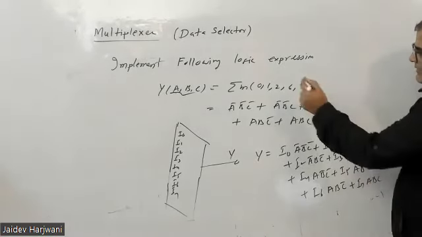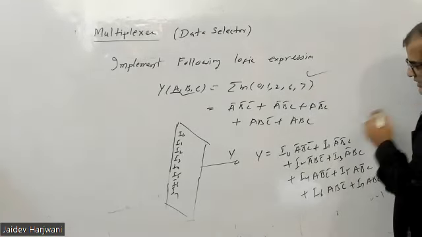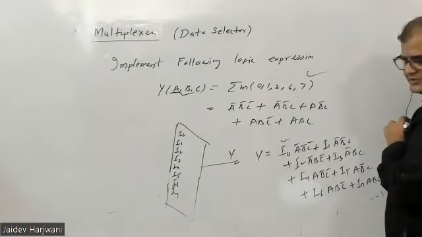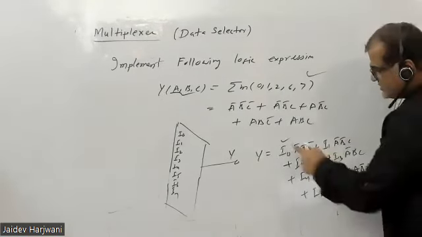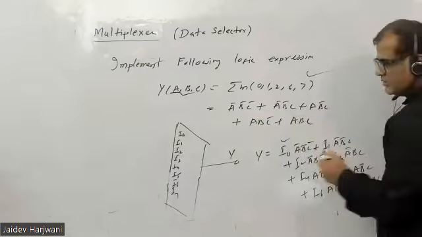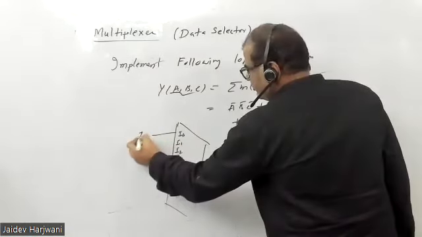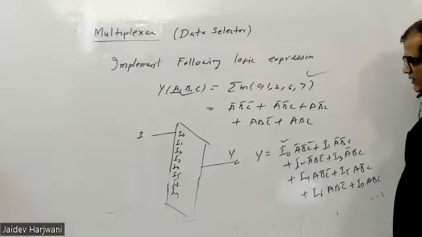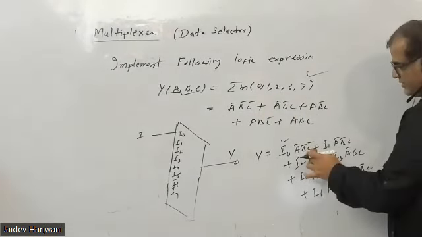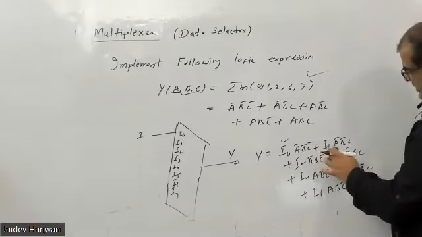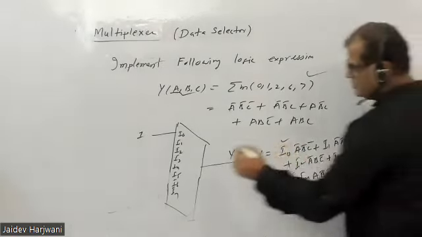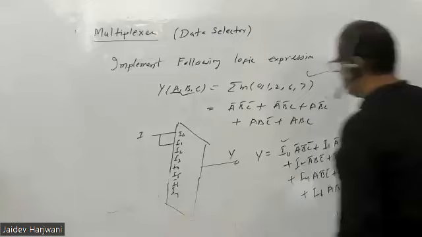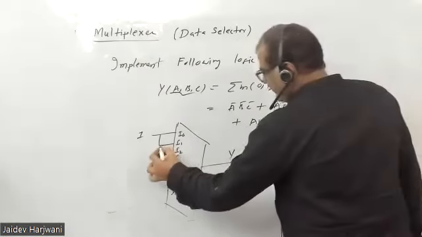But I want to implement this function, and this function has I0 present. If I want to make this term equal to this term, what should I do? I have to give high input to I0 because I0 is present. Then 1 is also present, 0 0 1, so this will also go to 1. 2 is also present, so 1 will go to 2.